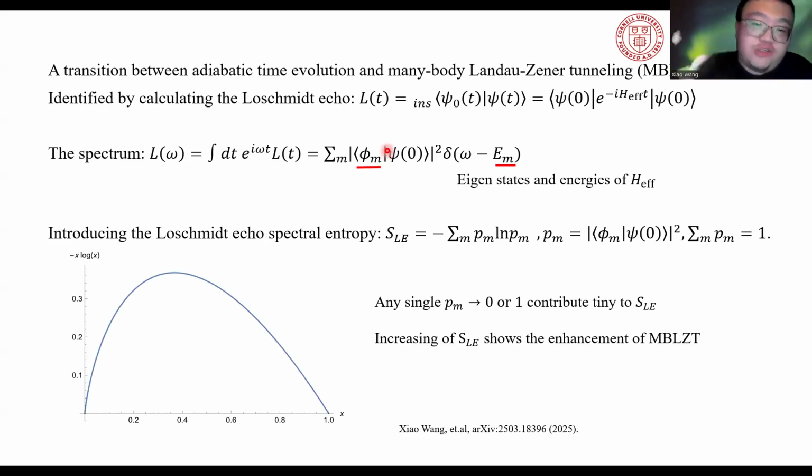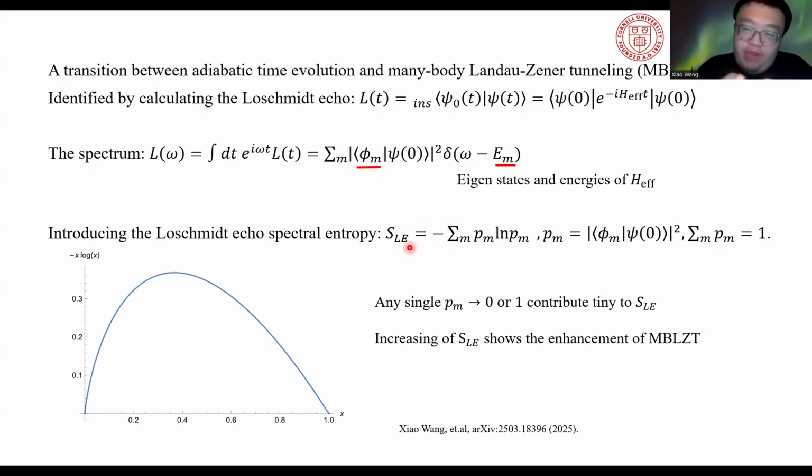So we can introduce the Loschmidt echo spectral entropy, where we calculate the summation of P_m log P_m. This quantity has very good properties, such as the summation of the P_m being naturally normalized. Also, if we have only one peak contribution in the Loschmidt spectrum, then this spectral entropy will just be 0.